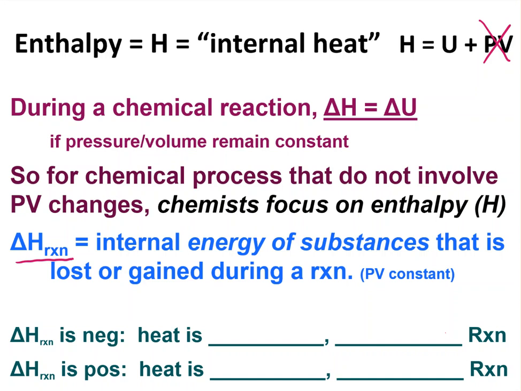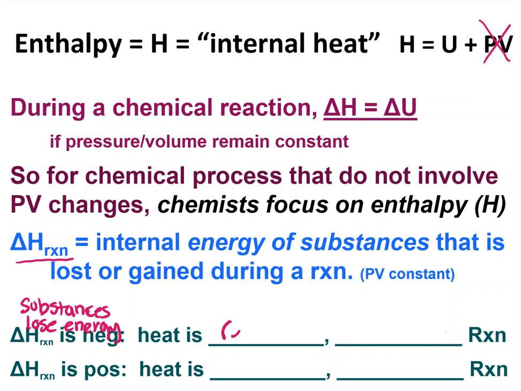And so if the substances are losing energy, like for example, if you have gasoline, which has a lot of enthalpy stored in it, and you're burning it, then the products of that reaction, the CO2 and water, they have less energy stored within them, and the difference is released as heat. So if delta H is negative, that means the substances lose energy.